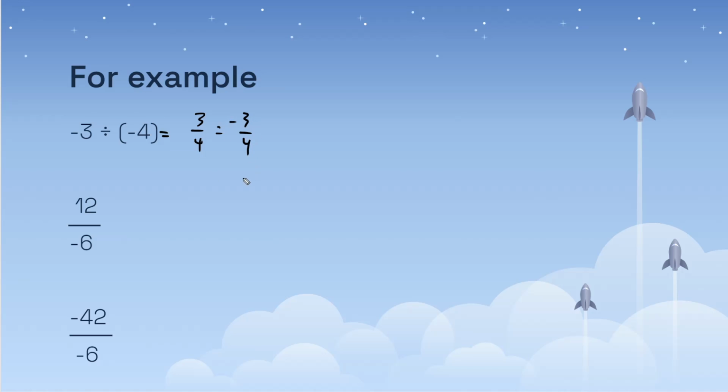Positive 3/4 is equal to -3 over -4. 12 over -6. This is 12 divided by -6, right? And so -6 and 12 are opposite signs. The answer is going to be negative, -2. -42 divided by -6. That's a positive 7.